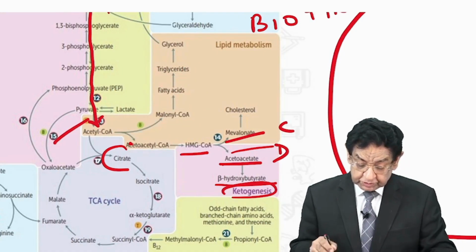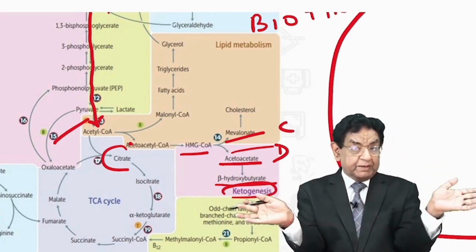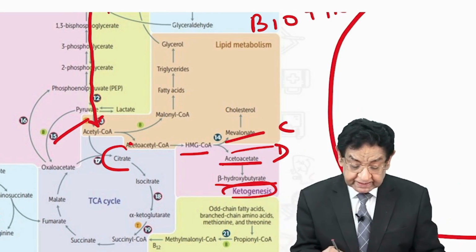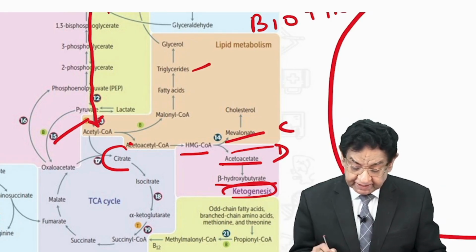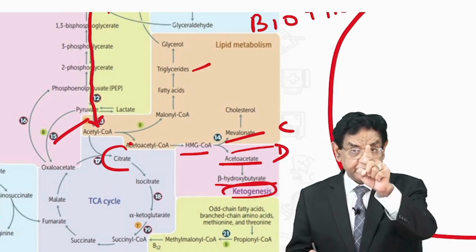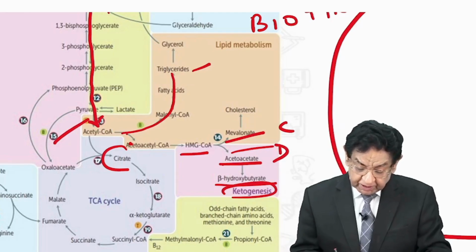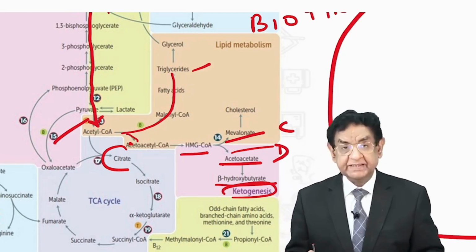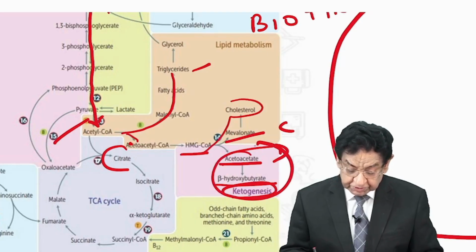Route number 2 again bifurcates into 2 immediately. One route goes to make malonyl coenzyme A, and that is the final destination for triglyceride. Point to be noted. So one route is for triglyceride. The other route is for acetyl coenzyme A that makes HMG-CoA. HMG-CoA's final destination is cholesterol or ketones, the 2 ketones.